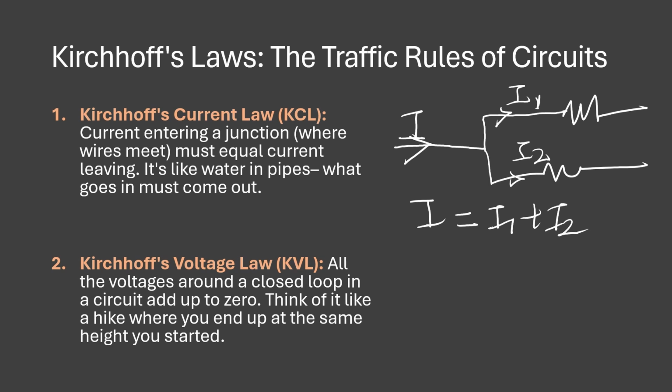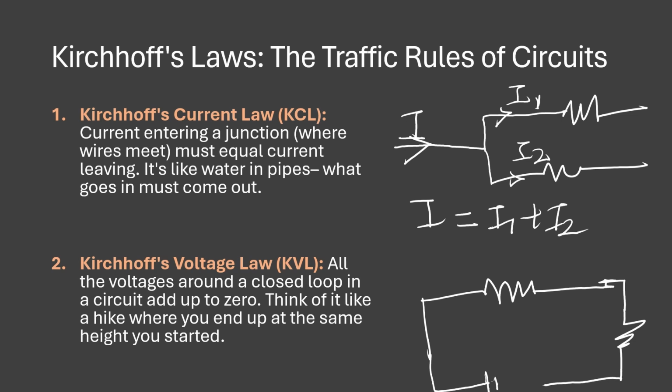And then we also have Kirchhoff's voltage law, which is that all voltage around a closed loop in a circuit must add up to 0. So think of it like a hike where you end up at the same height that you started. So what this means is that if you have a closed loop, you have a resistor, you have another resistor in the circuit, and we have a voltage source.